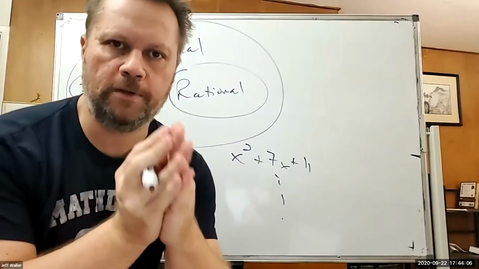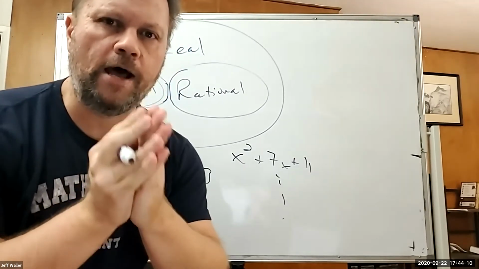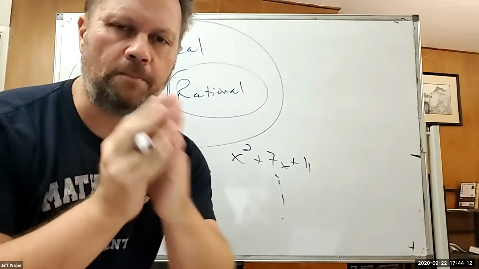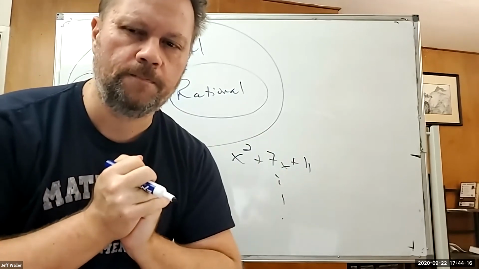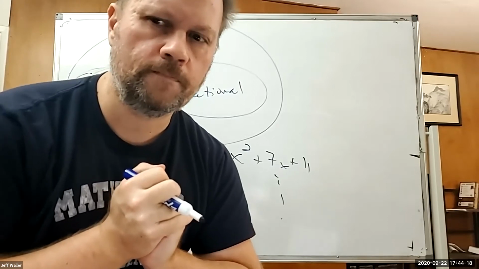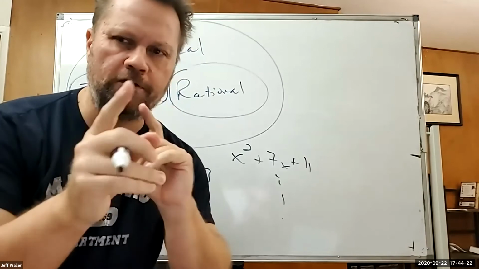Are you guys all with me? The only numbers that are not real are complex, with imaginary parts to them, like if you had a radical of a negative number. That's the definition of imaginary.